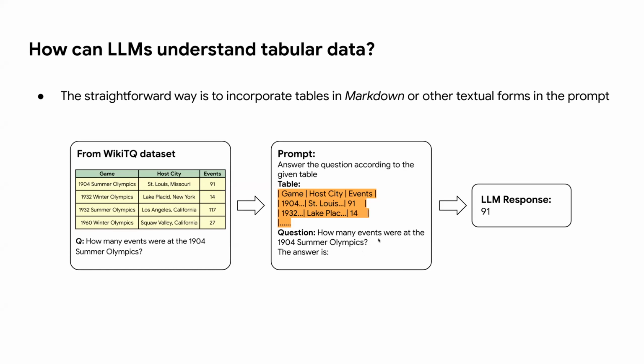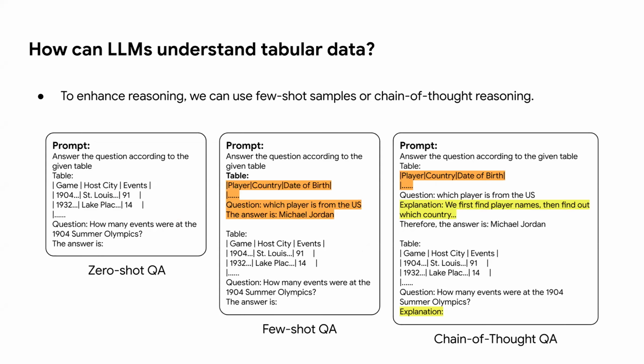However, we all agree that this simple prompt is not perfect. In academia, there are a lot of different ways to improve textual reasoning, for example, few-shot question answering or chain of thought question answering.